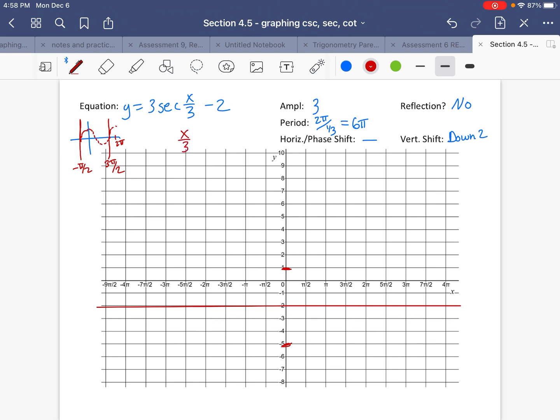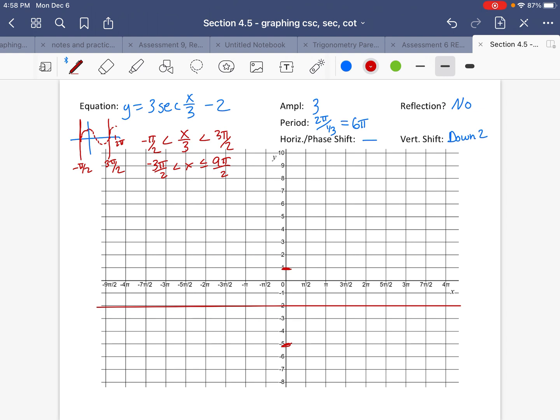We want x over 3. My outer two asymptotes were negative pi over 2 and 3 pi over 2. So I'm going to multiply everything by 3. This becomes negative 3 pi over 2, and this becomes 9 pi over 2. So it really stretched it out.